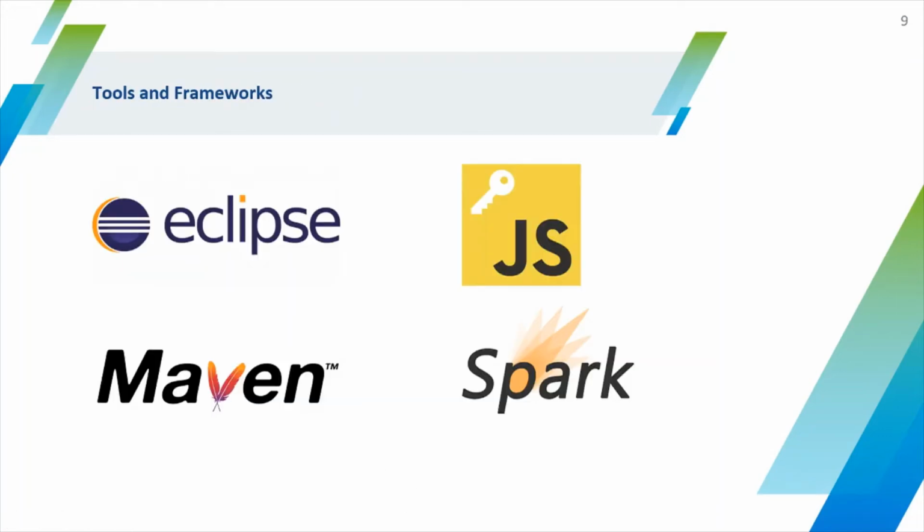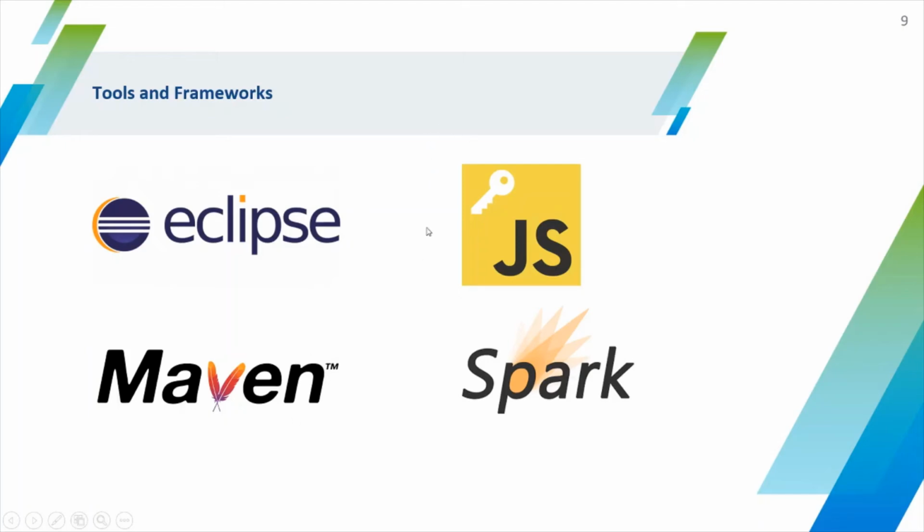Next, I want to talk a bit about the tools and frameworks used in this project. The first is Eclipse, which is an IDE usually used for Java. Because our project is written in Java, there is also Maven, which is an automation tool to build projects in Java.